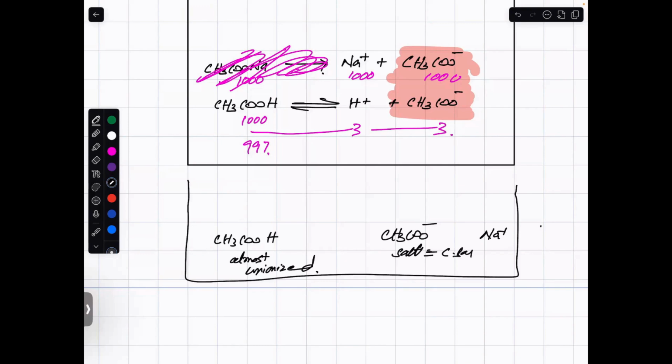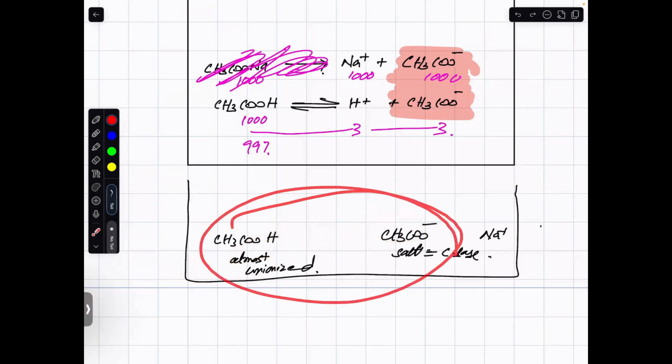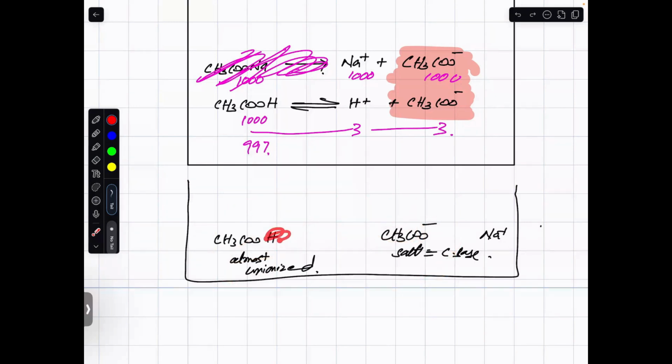Because this is weak acid and this is conjugate base. They differ by 1 H plus. They differ by 1 hydrogen from each other. Any conjugate acid-base pair is the acid-base pair which differ by 1 H plus. So, listen.